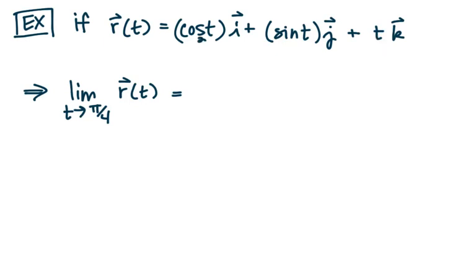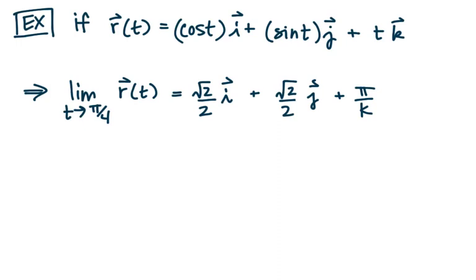So if I plug pi over 4 into cosine t, that gives me root 2 over 2 i. Pi over 4 into sine t, root 2 over 2 j. And pi over 4 into 4t, that just gives me pi k. It should be a 4 times pi over 4 k.